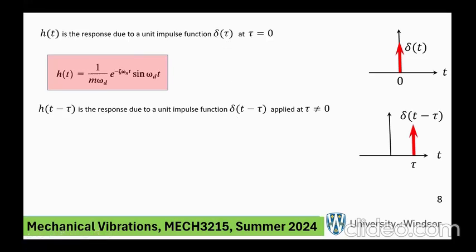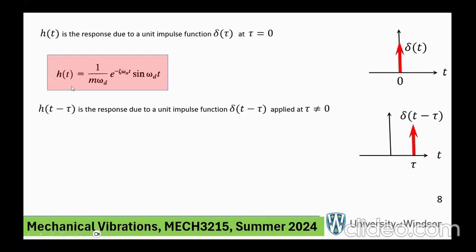Now, based on what we know from elementary math, I mean calculus, if this impulse function was not centered at tau equal to 0, but somewhere else, essentially nothing happens to h of t, there is no response, until the time t equal to tau is reached. And at that point there's a solution, except that there's a shift in t.